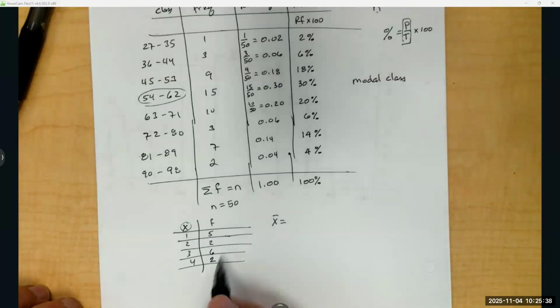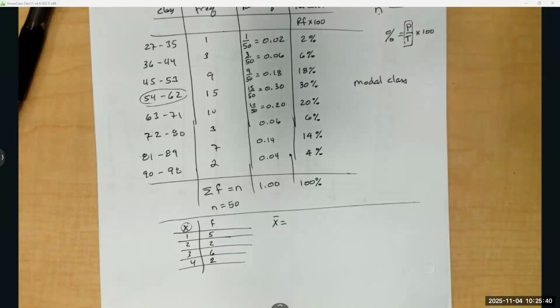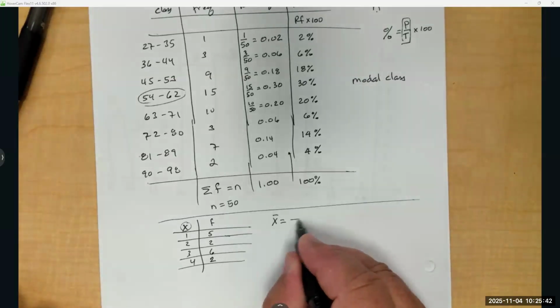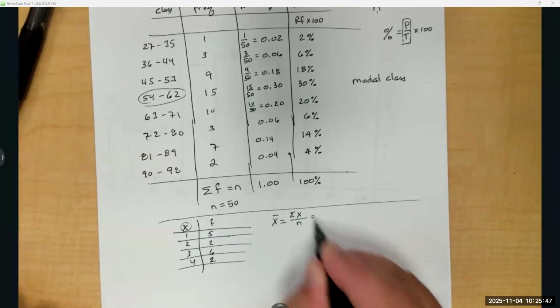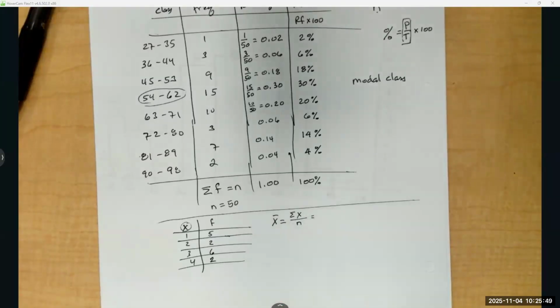So what's our N to begin with in this data set? Remember, what we did to find the mean was add up all the data and divide by N. That's how we did it in chapter 1. How do we do it now? What's our N in this example? We just talked about it a second ago.